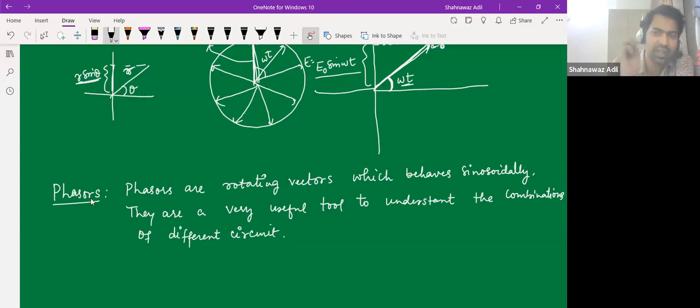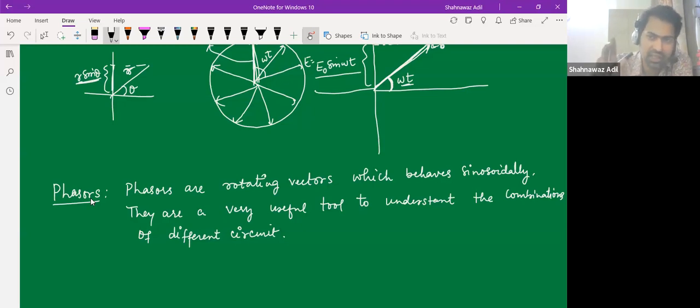So these phasors are a geometrical representation, and they are very useful when we want to determine the magnitude, the instantaneous voltage, or the current and voltage relation. So these phasors are very useful.